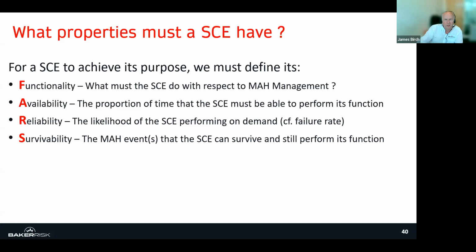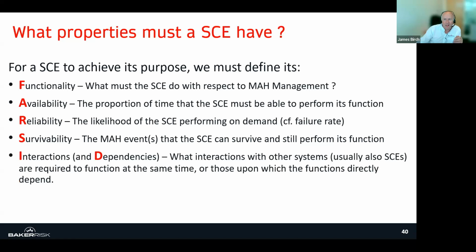The other question we then face is we are dealing with damaging events, major accident hazards, fires, explosions. Will our safety critical element survive them? And if it's for mitigation, it has to in order to function after the event. So this is quite an important point we have to look at. And then what interactions, what dependencies do we have?